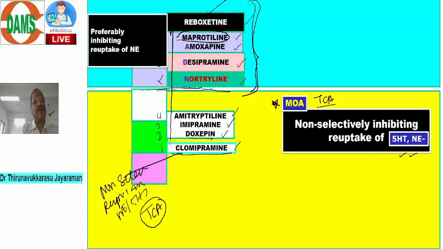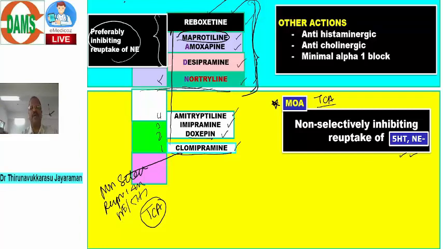This again is maximum norepinephrine. As it advances, this is a highly selective norepinephrine reuptake blocker. Next, maprotiline. Just one point: these 5 drugs preferably inhibit reuptake of norepinephrine than serotonin. This point is important.